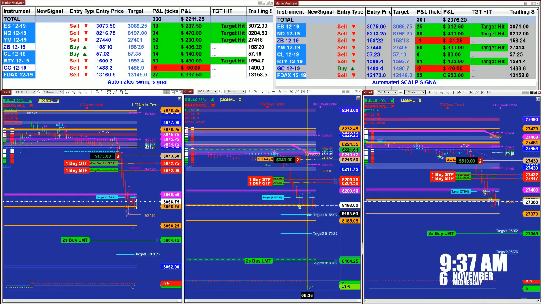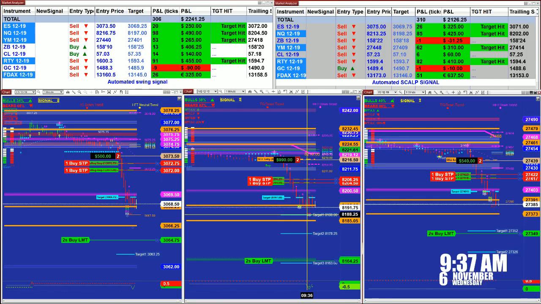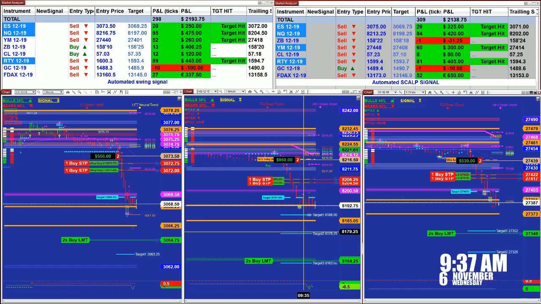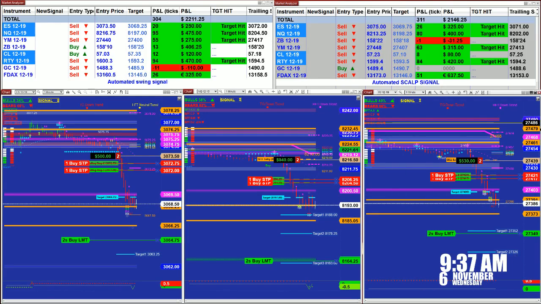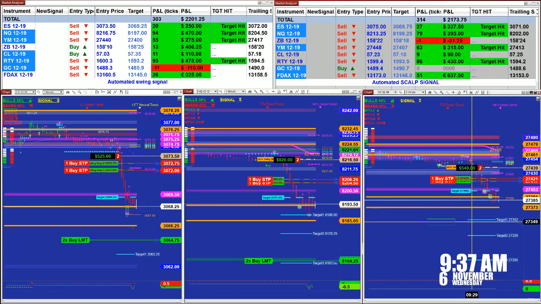So we already hit the target 1 on the NASDAQ, profit taken, and I don't know if they're going to drive it to target 2. I'm not sitting with them. You must be Houdini in order to know what they are thinking.